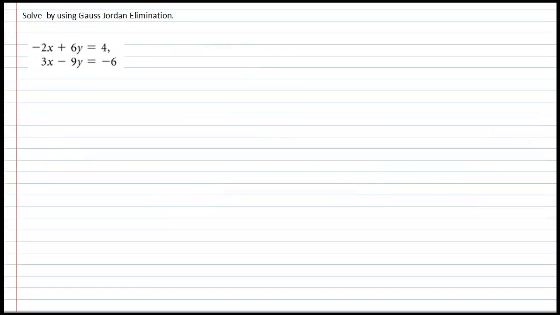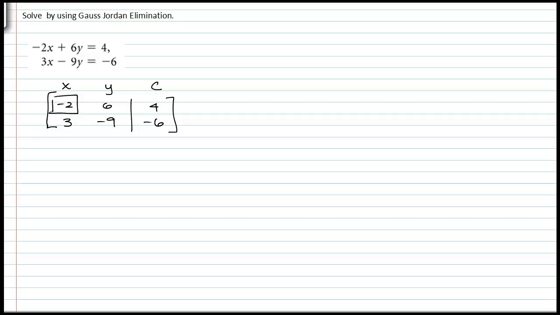Let's see what happens with this problem. Again, we want to solve it by using the Gauss elimination. It is in the proper format that it needs. So the matrix itself is going to be my x column, y column, constant: -2, 6, and 4, 3, -9, and -6. I want to get the first column, first row, to be a 1.